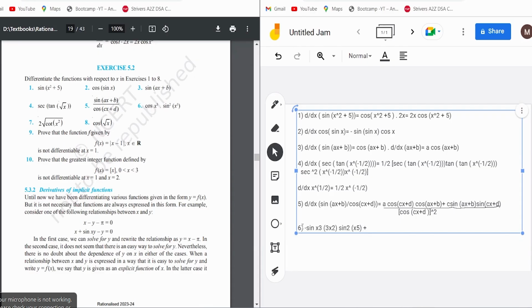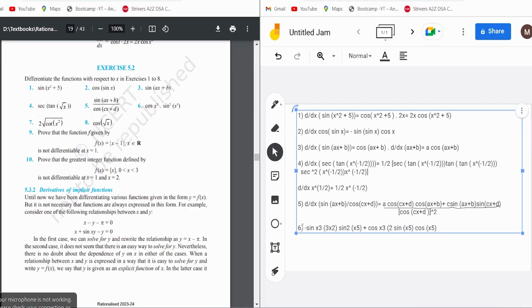Plus first function as it is, that is cos of x cube, multiplied by differentiation of second function. And what is the differentiation of second function? Second function is sine square x power 5. So its differentiation would be, firstly going from outside to inside, differentiation of square would be 2 times sine of x power 5 multiplied by differentiation of sine of x power 5, which is nothing but cos of x power 5.